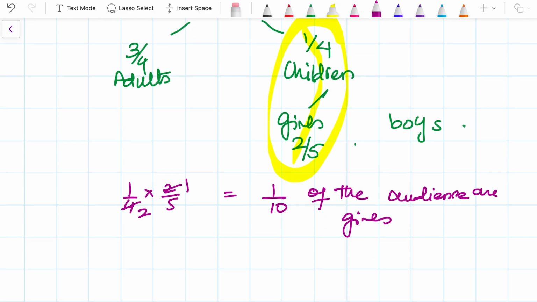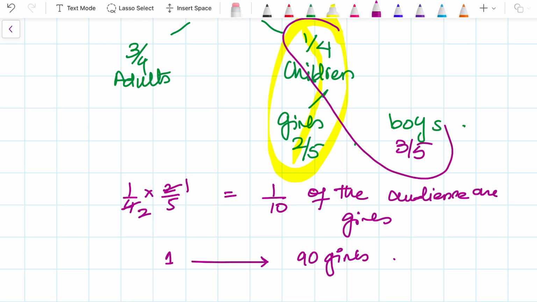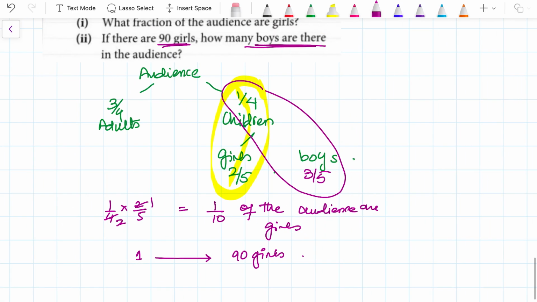Alright, so can I say 1 represents 90 girls? How many are boys? 3/5 are boys. Let's find out what fraction of the audience are boys. 3/20 are boys of the audience.